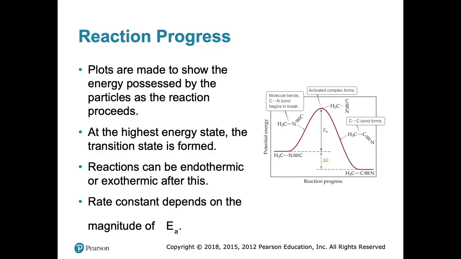Those 3 dots mean that it's going through transition, it's changing. It's going through transition and changing, flipping around, and as soon as it flips around and becomes the acetonitrile, it's so much more happy, and it's a downhill turn now, right? It's just going downhill to become acetonitrile, which is way less energy than the original reactant.